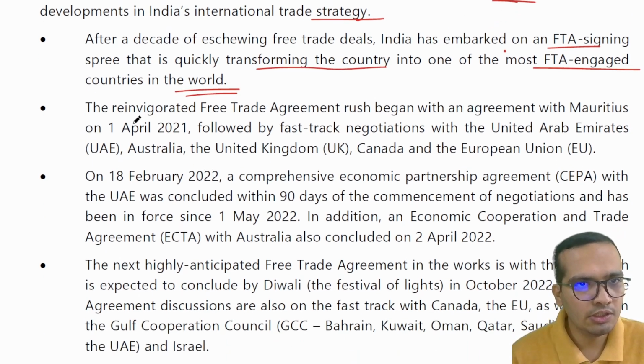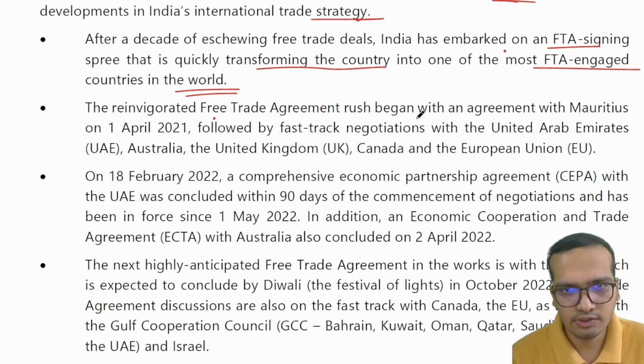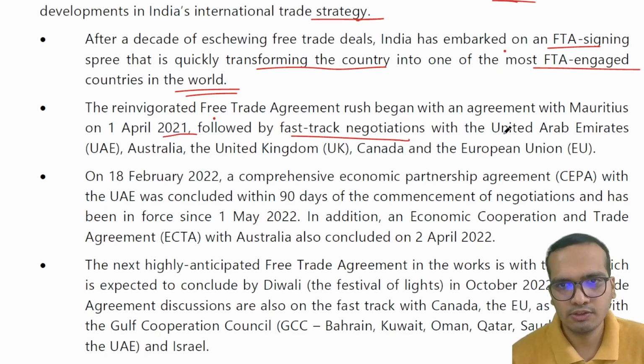The reinvigorated FTA rush began with an agreement with Mauritius on 1st April 2021, followed by fast-track negotiations with the United Arab Emirates (UAE), Australia, the United Kingdom (UK), Canada, and the European Union (EU).